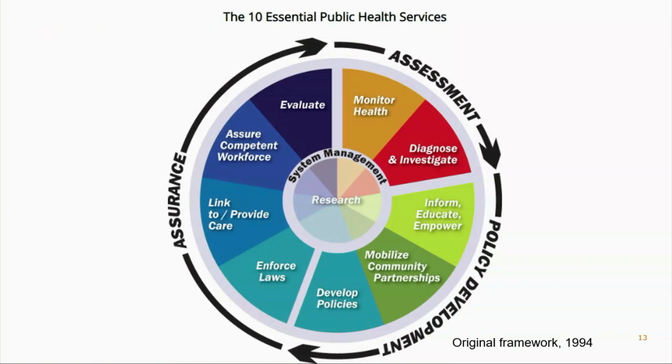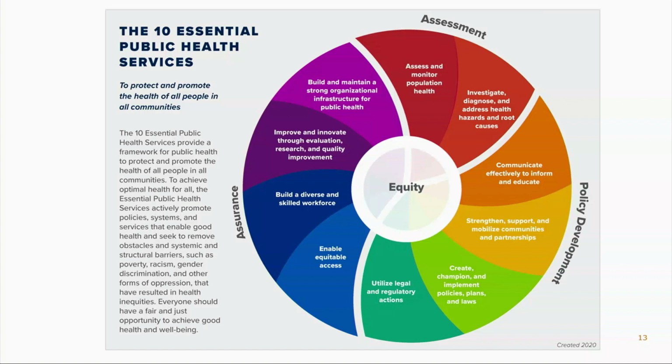So this is from the CDC, the Essential Public Health Services Framework. And this is the original framework from 1994. Again, you won't see anything directly talking about health disparities or health equity here, although it's related. But if we look at the updated one from 2020, now we see equity at the center and everything else around it.